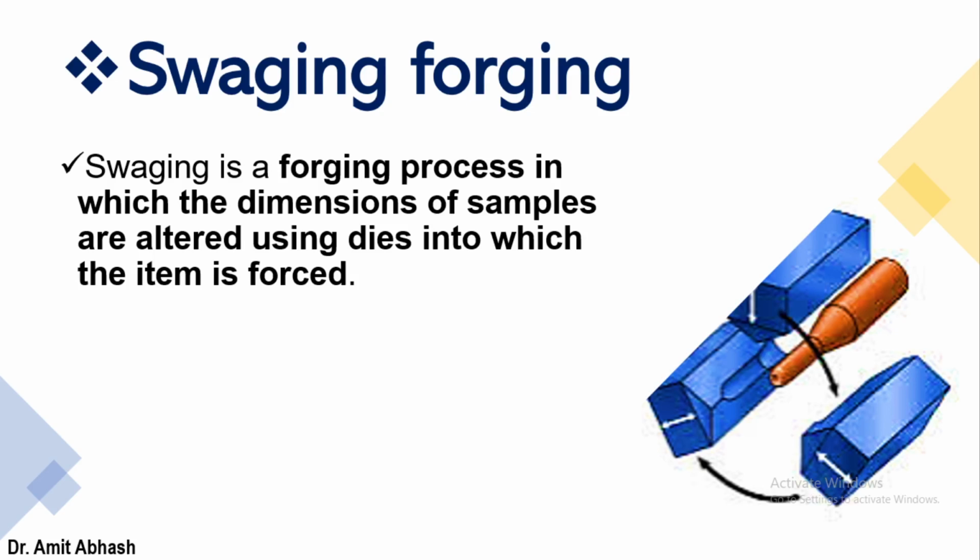The amount of force is applied by the die itself, meaning the die will act as a hammer to change it into the final product. You need to remember this one. We will not use any type of hammer in this case. The die itself will act as a hammer, and this will be responsible for the change of final shape of the product.